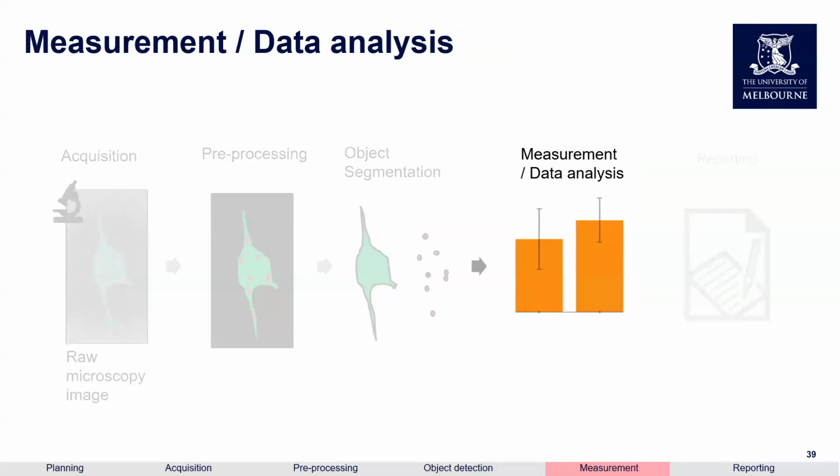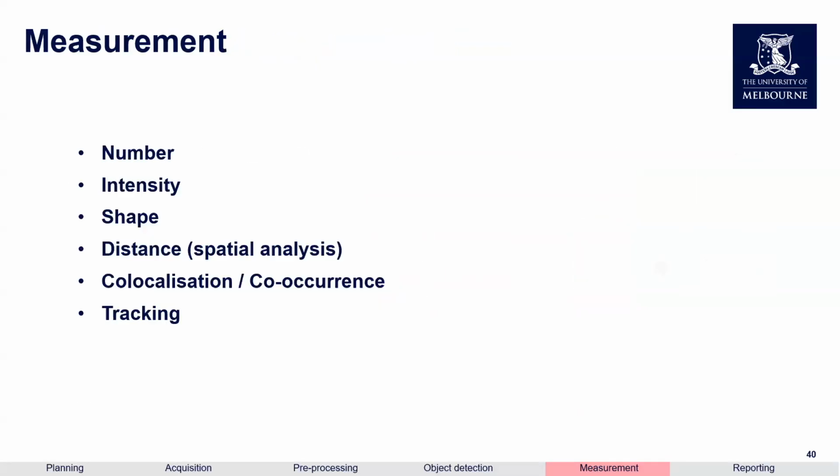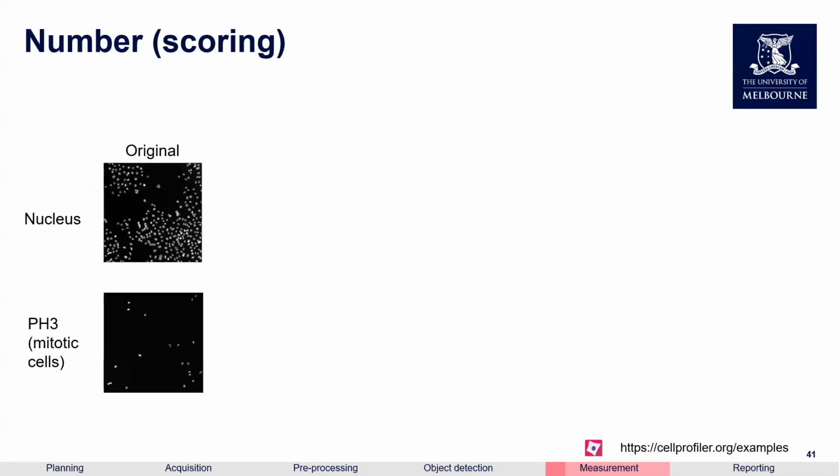Now finally we are at the second last stage of bioimage analysis, which is measurements. These are the most common measures, and I will explain them using some example workflows in the next slides. The first one is number, which is pretty much counting objects. One common workflow is counting positive objects. In this example, we have two channels, where the first channel shows every cell with nucleus staining.